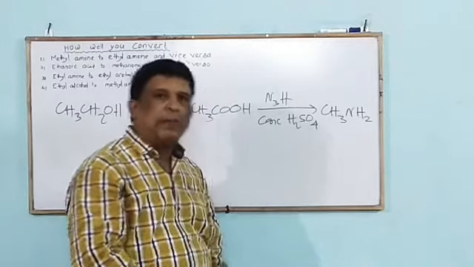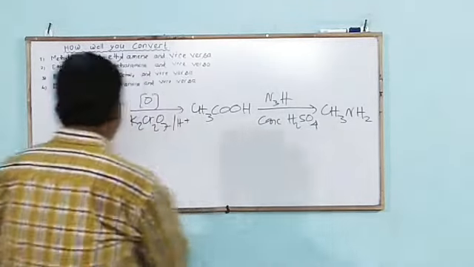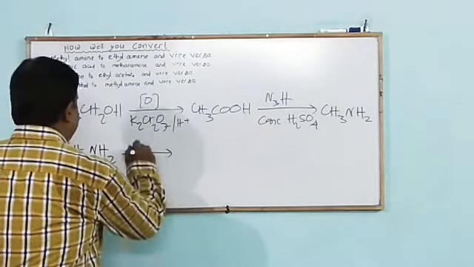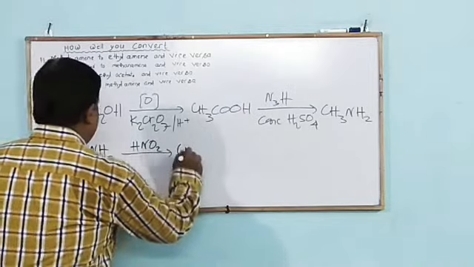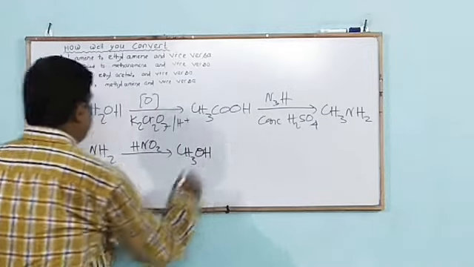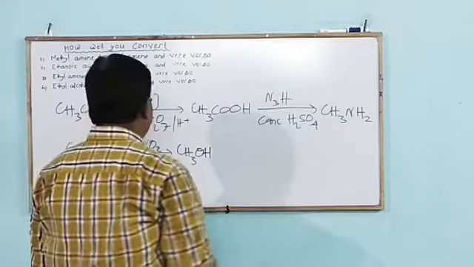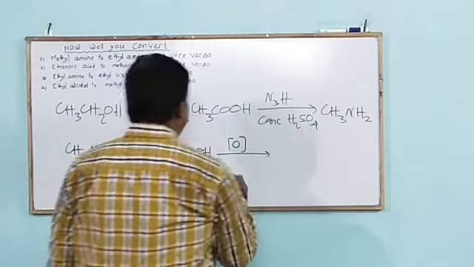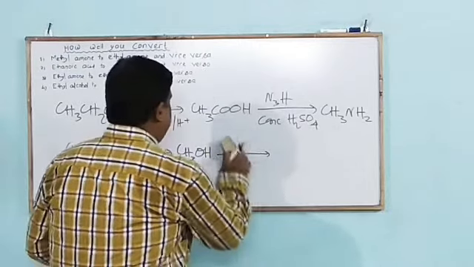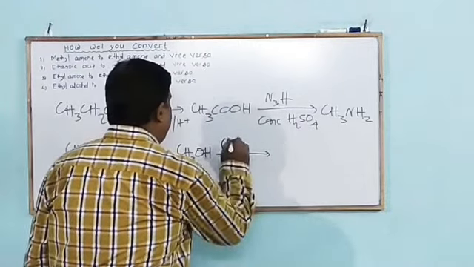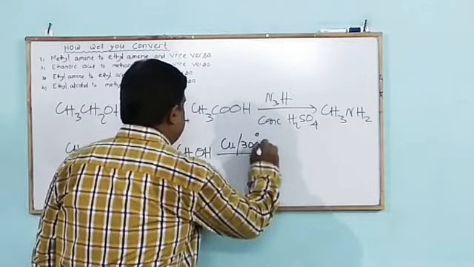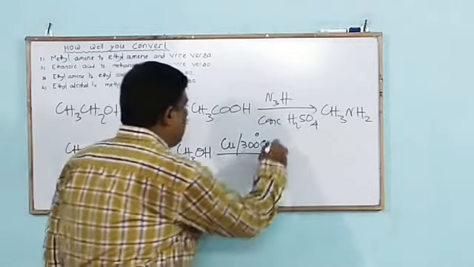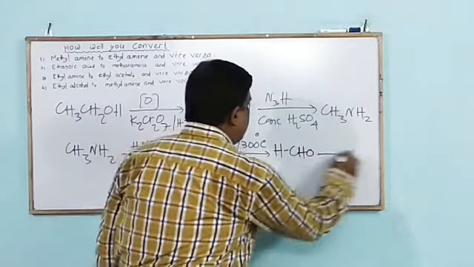Now methylamine to ethyl alcohol. Methylamine reacts with nitrous acid to form methyl alcohol. Methyl alcohol reacts with copper at 300 degrees Celsius, undergoing dehydrogenation to form formaldehyde.